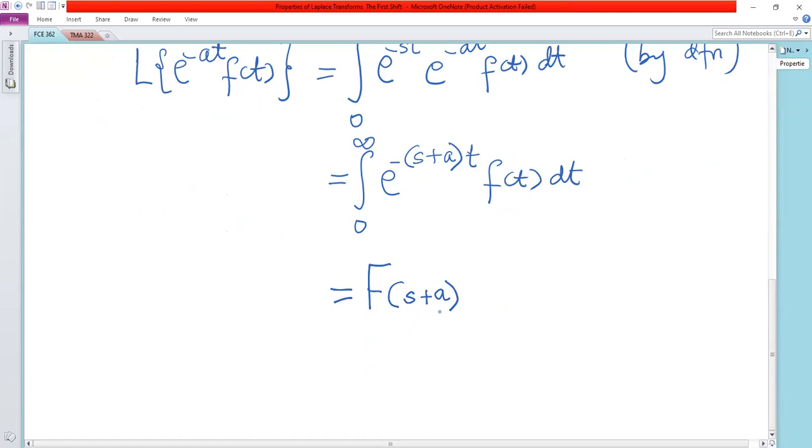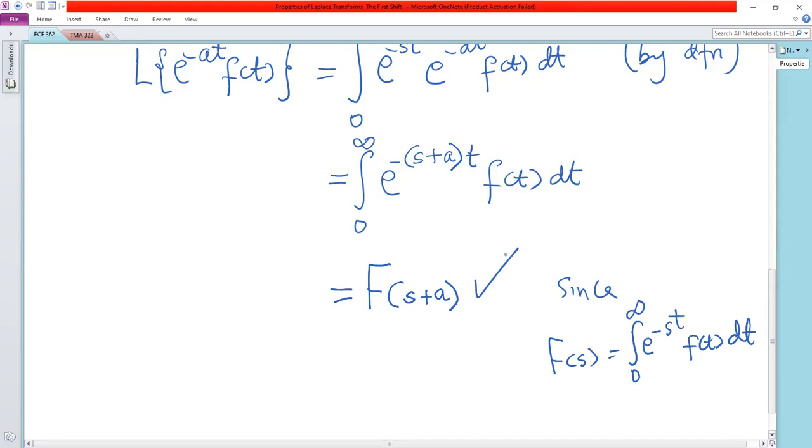So this integral defines the Laplace transform of e raised to minus at f of t, and is equivalent to capital F of s plus a, since we know that capital F of s is the integral from 0 to infinity of e raised to the power minus st, and then f of t dt. So the role of s in this definition is taken by s plus a. So that's why we have this result.